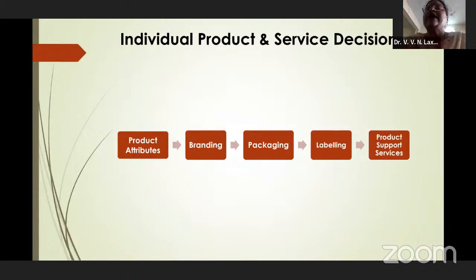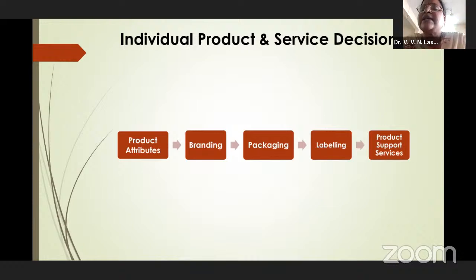These are certain product and service decisions that the company has to make. The company has to decide about the product attributes. Attributes are the features that become part and parcel of that particular product. The branding decisions, that is whether to brand or not to brand. If brand, should they go for multiple brands, or they can use a blanket, that is umbrella branding, that is the same brand for all the products.